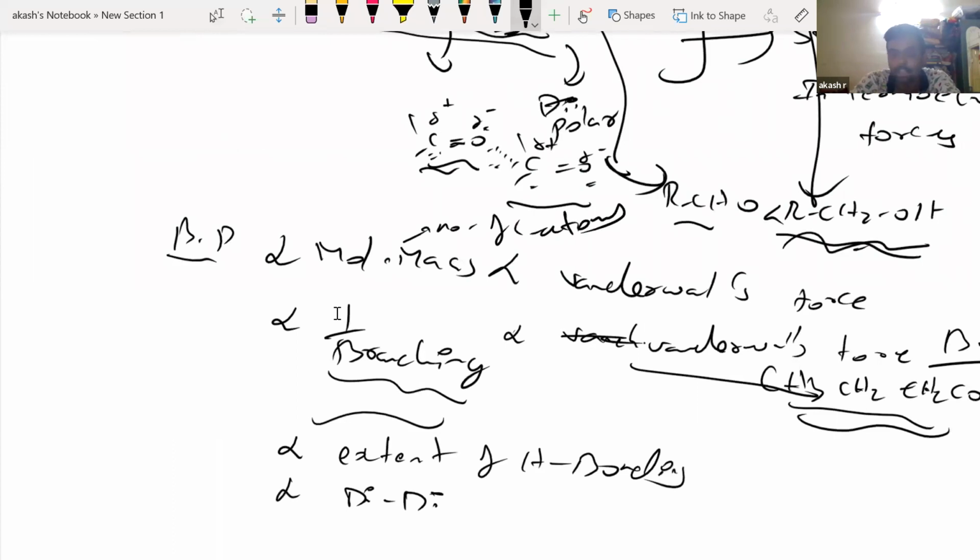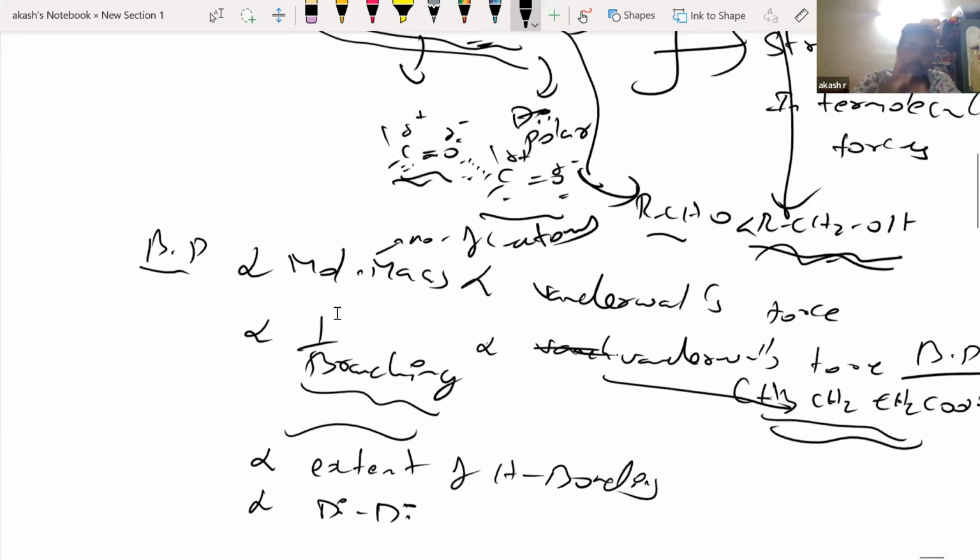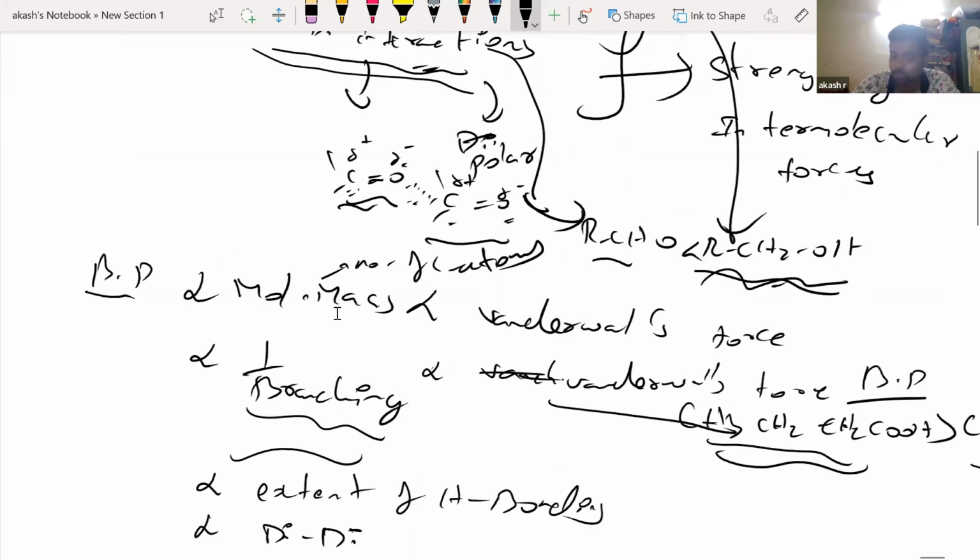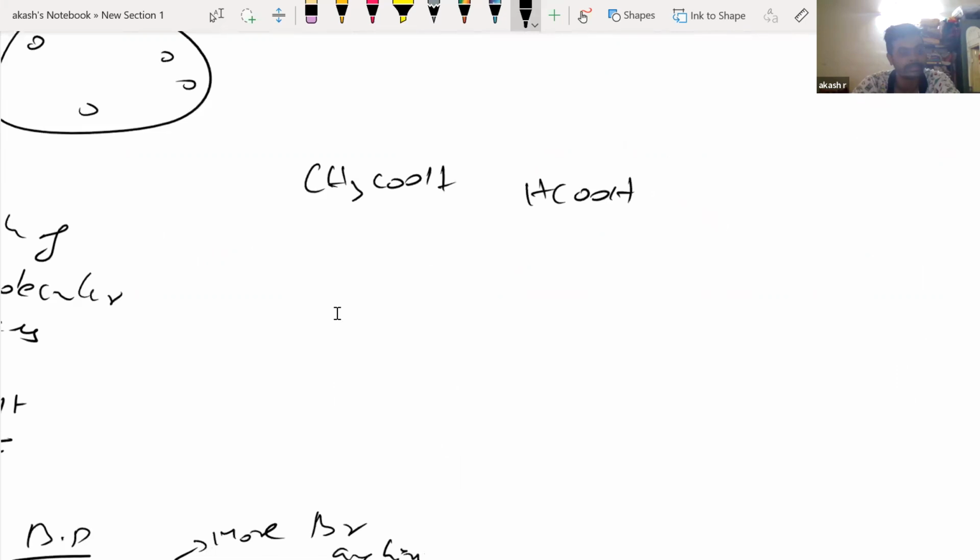More the molecular mass, stronger the van der Waals force, higher the boiling point. So out of these two, whichever has more molecular mass is going to have the higher boiling point. Which is going to have higher molecular mass, or a higher number of carbon atoms?